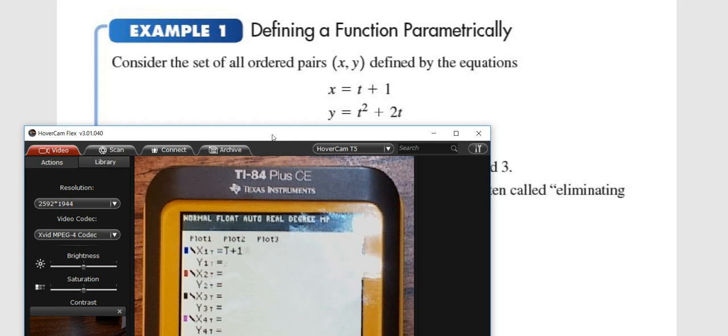You're using the X,T,theta,n button, the same button that you used before when you were typing x's, will also now type t's in parametric mode. And y, t squared plus 2t.